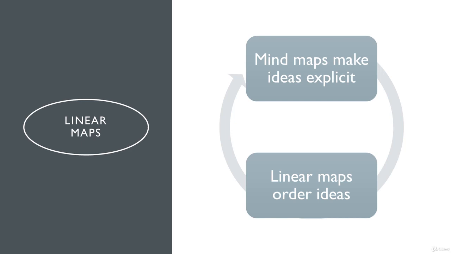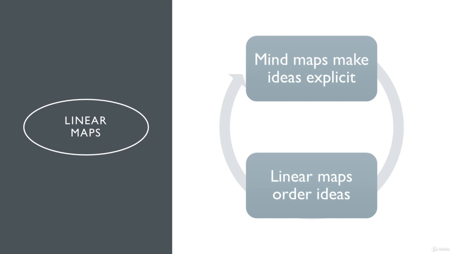Now, linear maps are very, very useful because as soon as you write a book or an essay or an article, or you present to an audience, you speak, order is important. The order, the chronology in which you present concepts is vital to eliciting comprehension on the part of the audience.